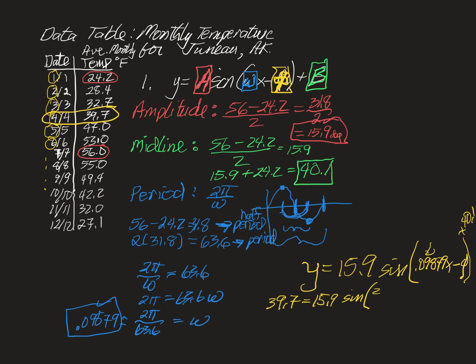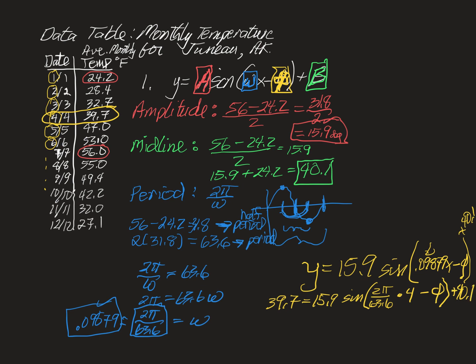So I'm going to put the 2 pi over 63.6, which was this alternate answer, which is not a rounded off answer, okay? And that's important for calculations. Our x value times x will be the 4th month, April, minus phi, Greek letter phi, and then plus 40.1.